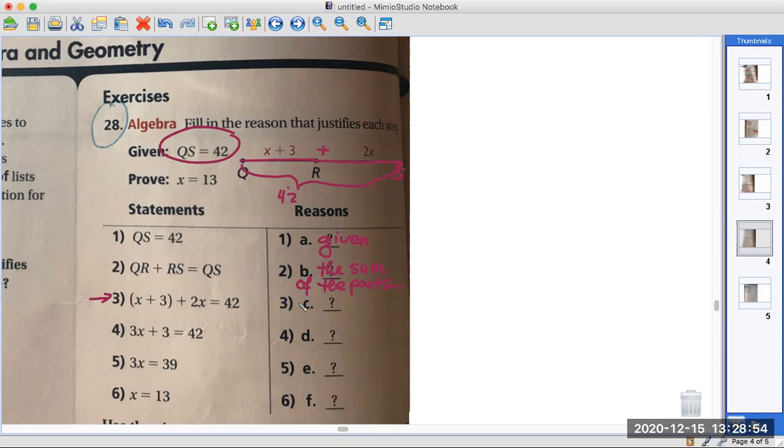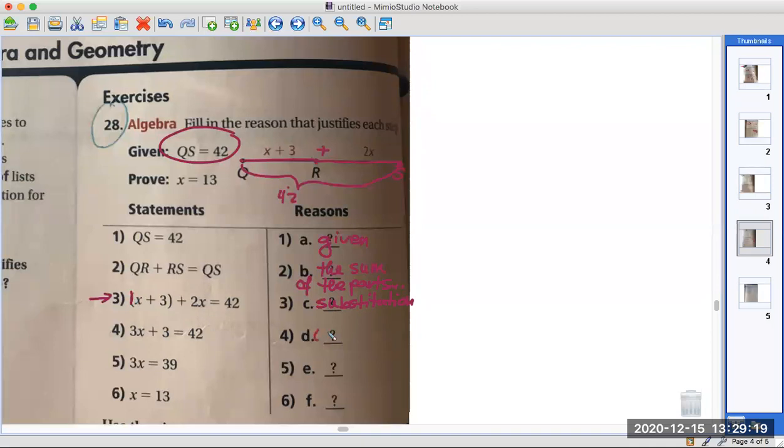And then we're substituting because we have QR plus RS is QS, but QR is X plus 3 and RS is 2X. So I can substitute it. And then we have 3x plus 3 is 42. So what happened? We have 1x plus 2x.